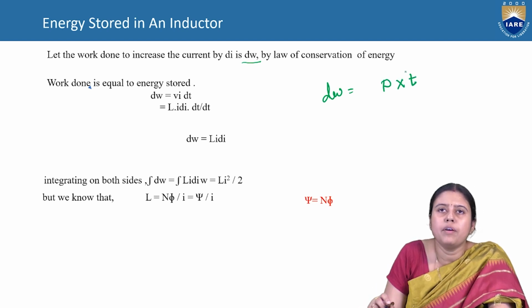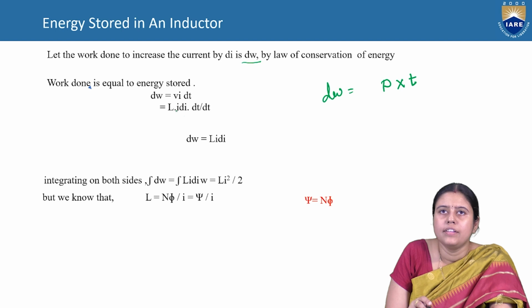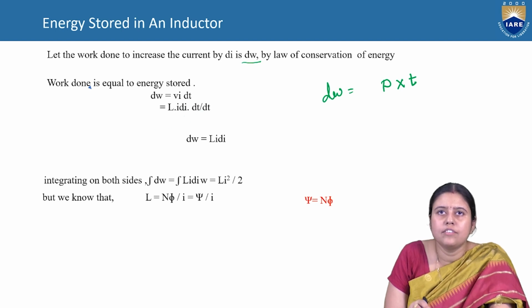What is the power? VI dt. Now what is V? V is equal to L di by dt, so we get L I di.